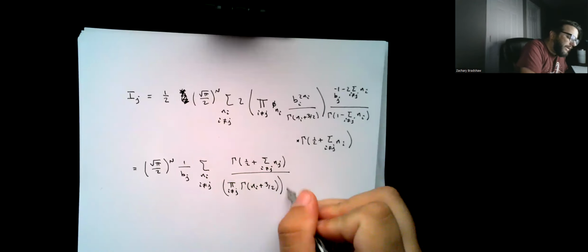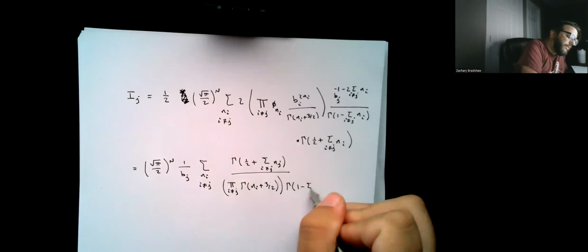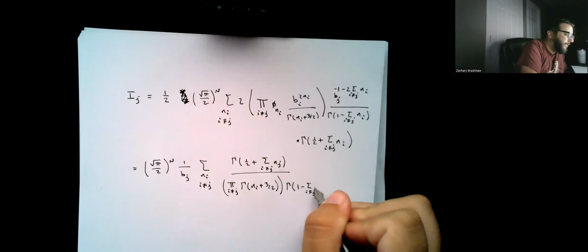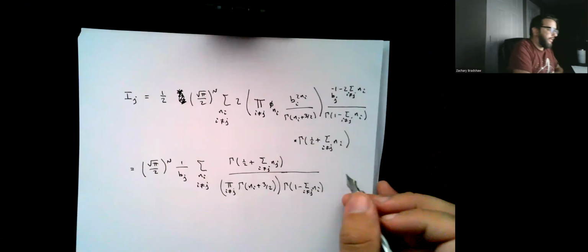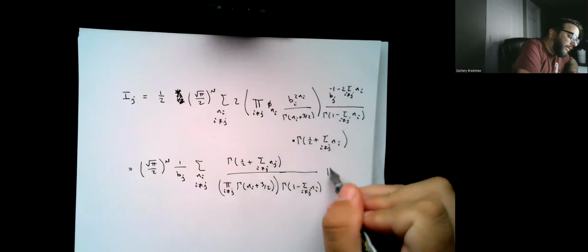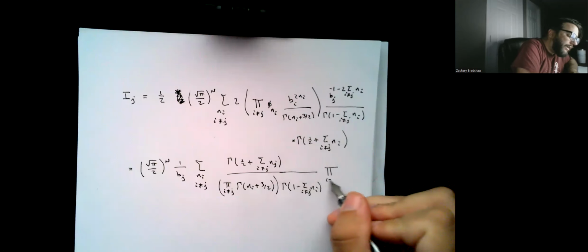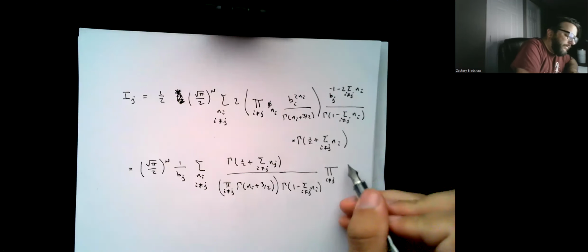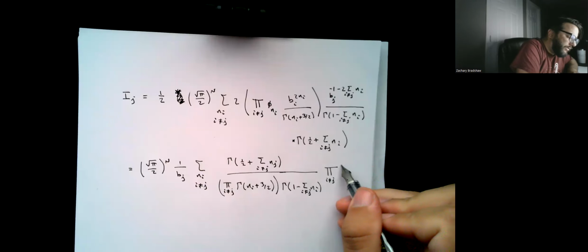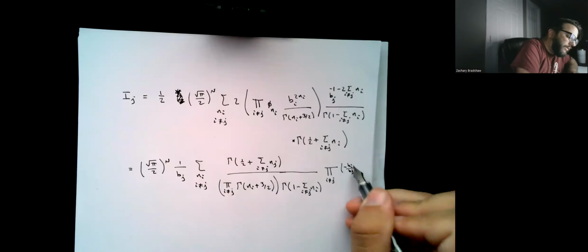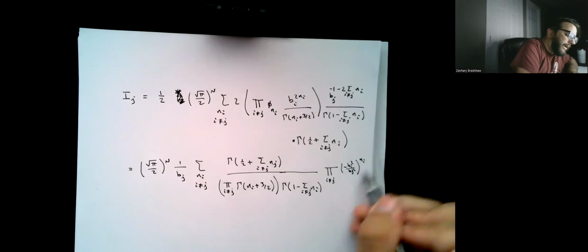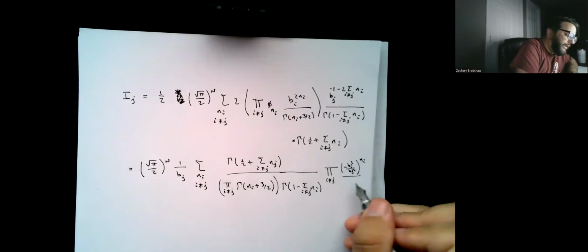And we also get a gamma of 1 minus the sum for i not equal to j of ni. And lastly, we have a product over i not equal to j of minus bi over bj, both squared, to the ni power over ni factorial.